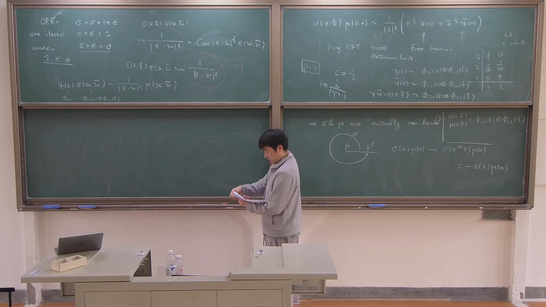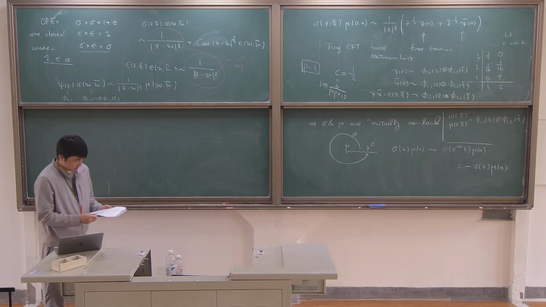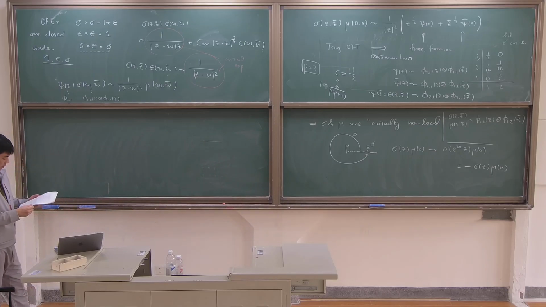So that's one of the instances of the minimal model. And then we'll take a look at some other examples from now. Okay. Any questions at this moment on the OPE and so on of the Ising model?